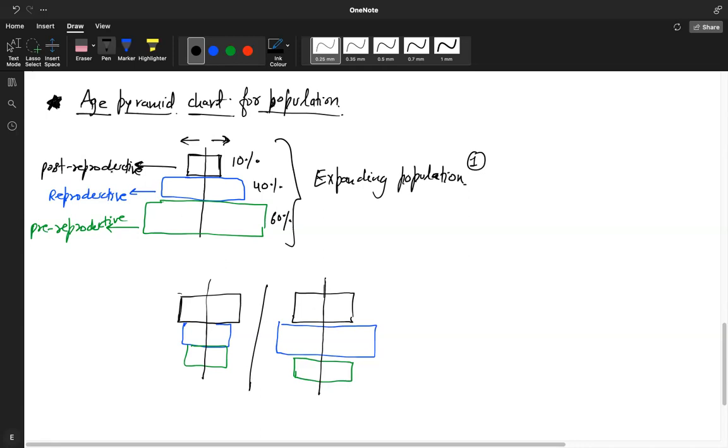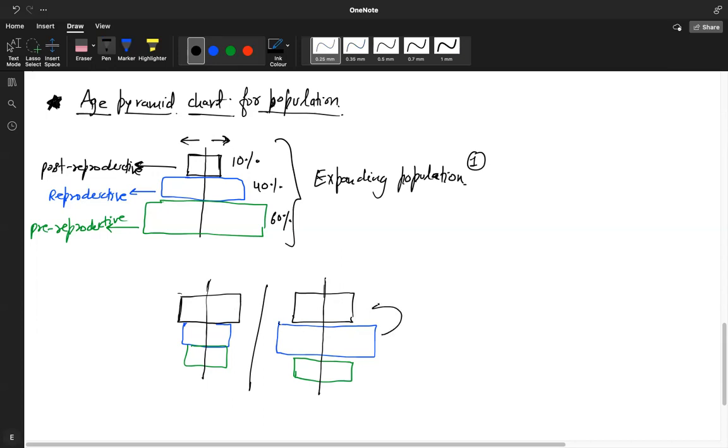Because those who are in post-reproductive are not going to contribute anything to the expansion or stability or decline, right? So you understand that this black one is just there to confuse you, or make you more error prone.